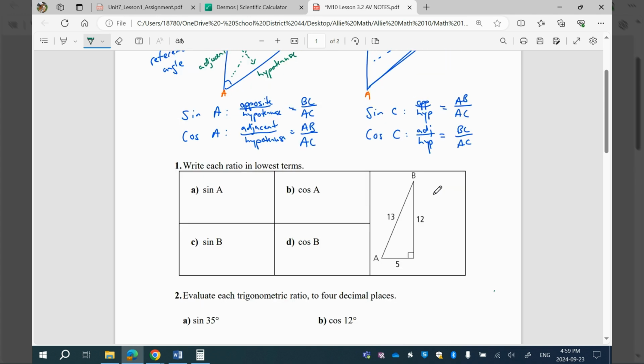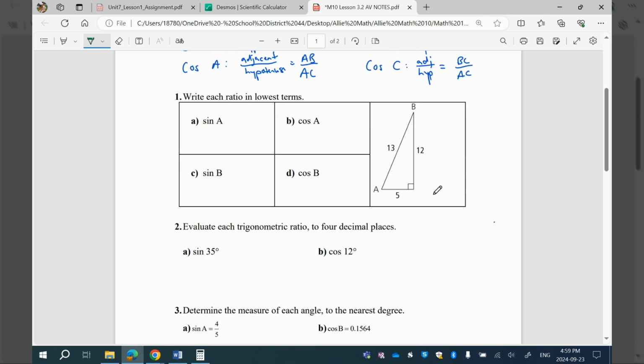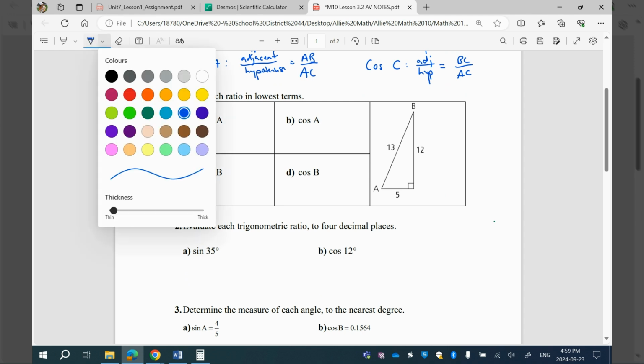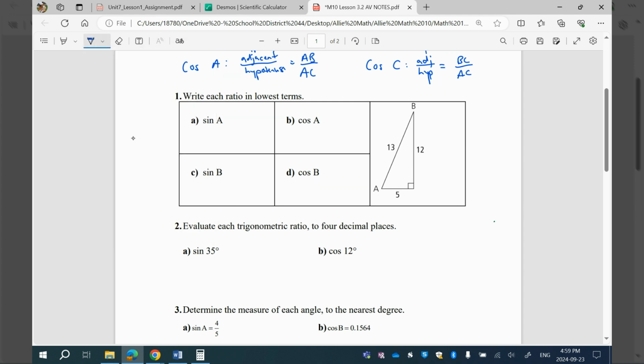So let's do a few questions, and I want to point something out as we go along. But write each ratio in lowest terms. So we're looking for sine A. That's going to be our opposite over our hypotenuse. So opposite angle A is 12 over the hypotenuse, that's always going to be 13.